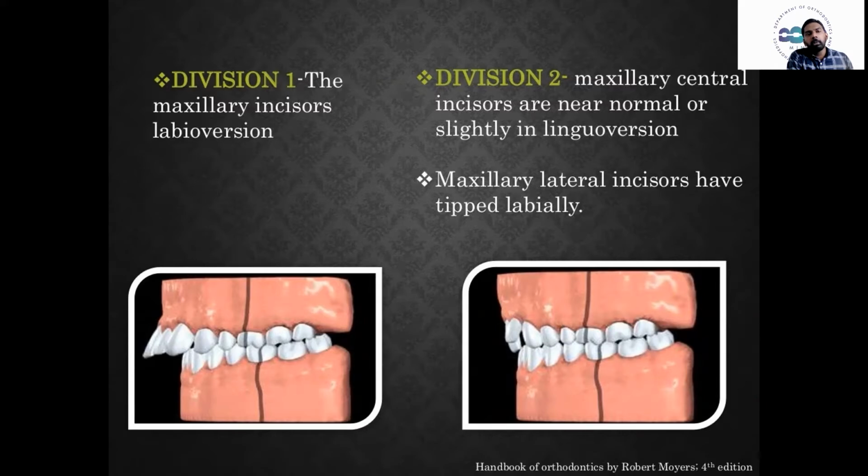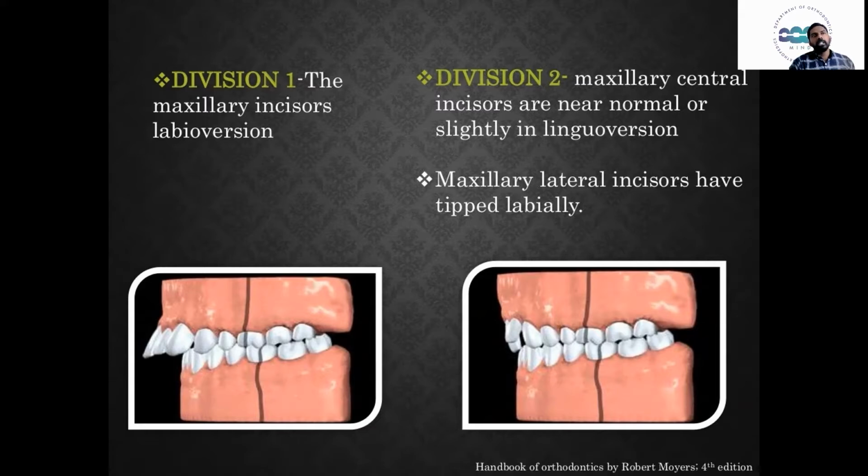As the mandibular lower incisors don't have any counterpart, they will extrude, which results in increased overbite, or deep bite. So the features are increased overjet, increased overbite, and constriction of the maxillary arch.